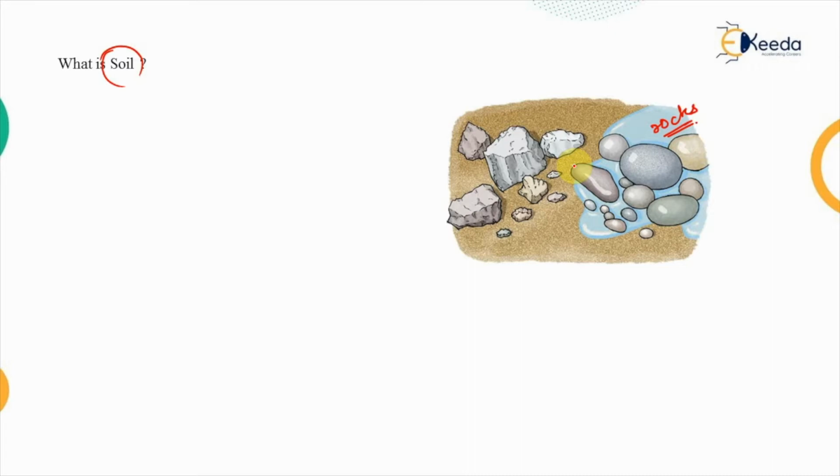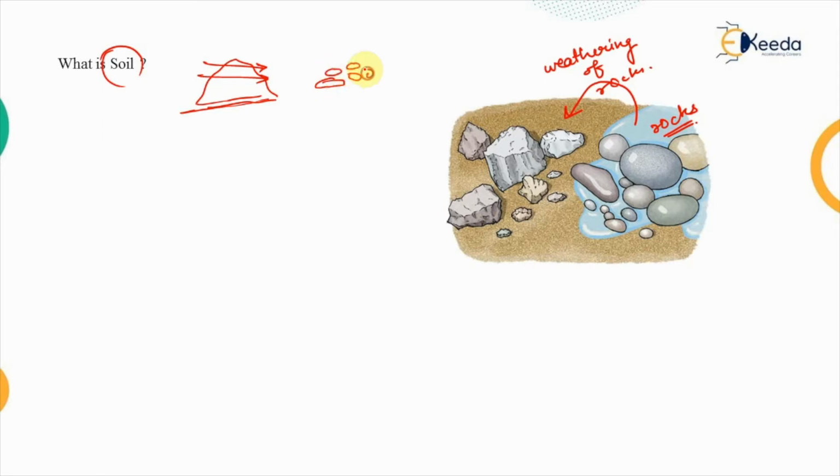Now that erosion or disintegration of the rocks may be due to a number of agencies, and depending upon the type of agency causing the weathering, the soil is classified into different types. This phenomenon is known as the weathering of the rocks. In a soil cycle, let's say this is a rock present at an earlier stage. Upon the action of different agents, it will be weathered and transported to different places.